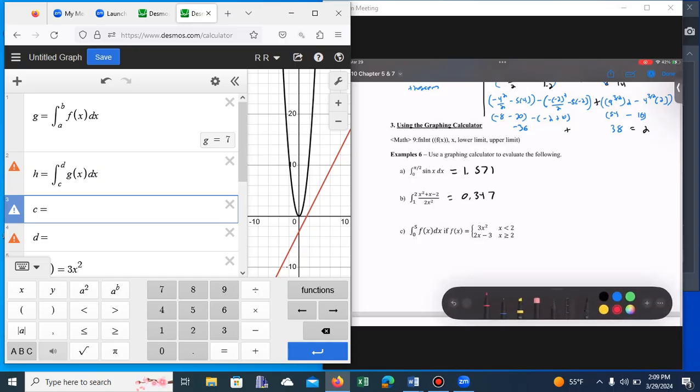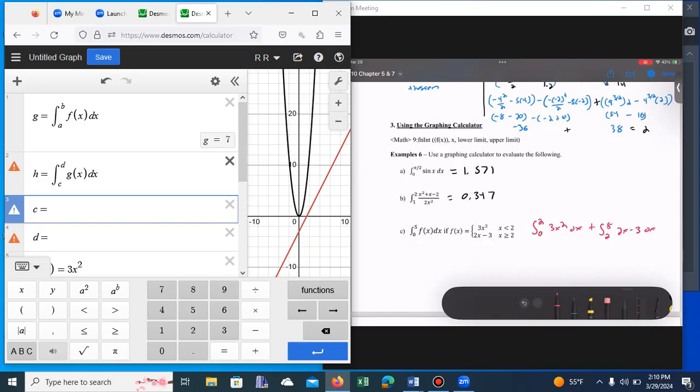So our integral, we're breaking this apart. We're doing from 0 to 2, and that's going to be for 3x squared dx. And we'll have to add this to 2 to 5 for 2x minus 3 dx.